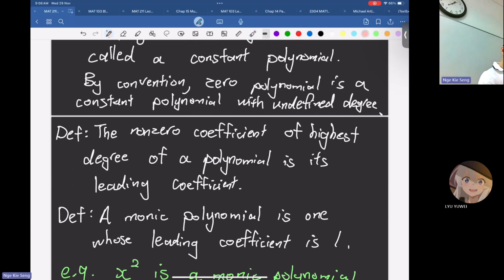Either I say the non-zero coefficient of the monomial, so let's keep the highest first: it's the coefficient of the highest power of monomial.